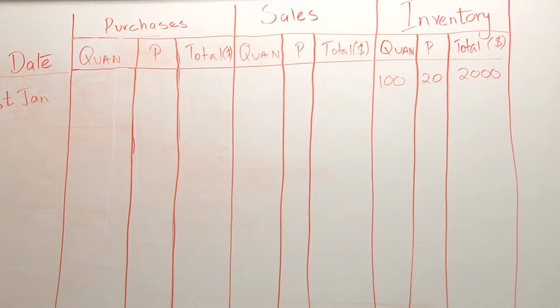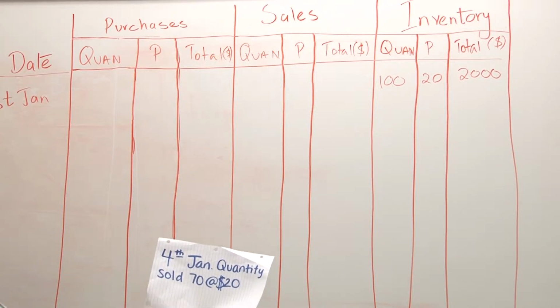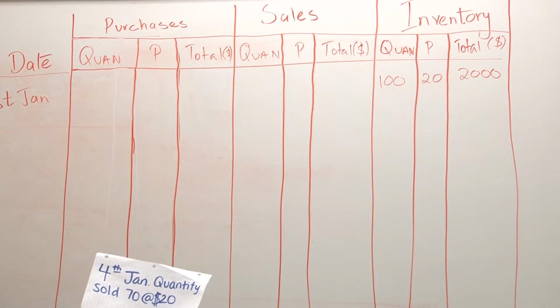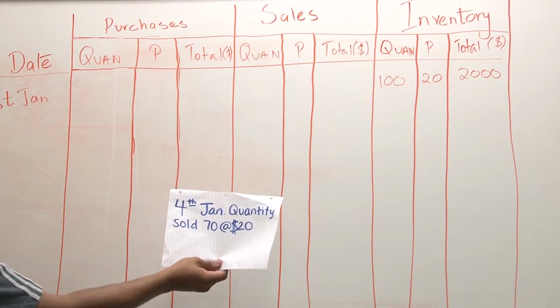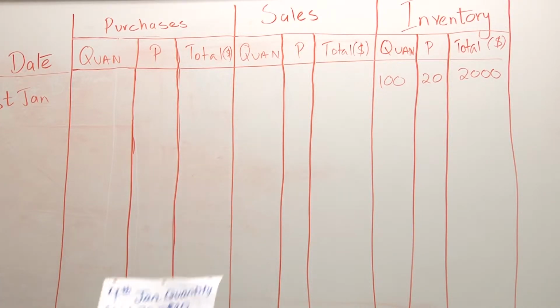Second thing that I would do, he comes up to me this time and tells me, I want to buy 70 of your cameras. Let's say I'm selling cameras, right? So I want to buy 70 of your cameras at a price of 20. And I tell him, okay.